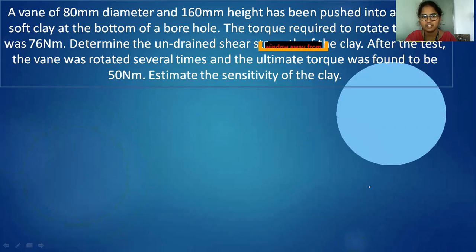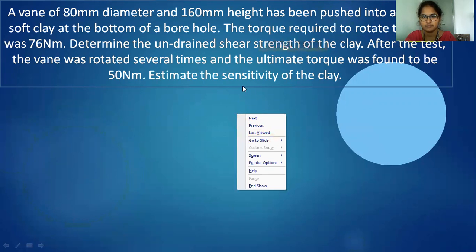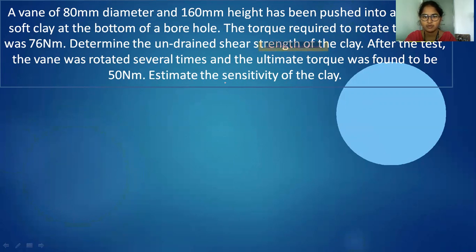After the test, the vane was rotated several times and the ultimate torque was found to be 50 Newton meter. Estimate the sensitivity of the clay. So mainly in this problem we can calculate sensitivity.